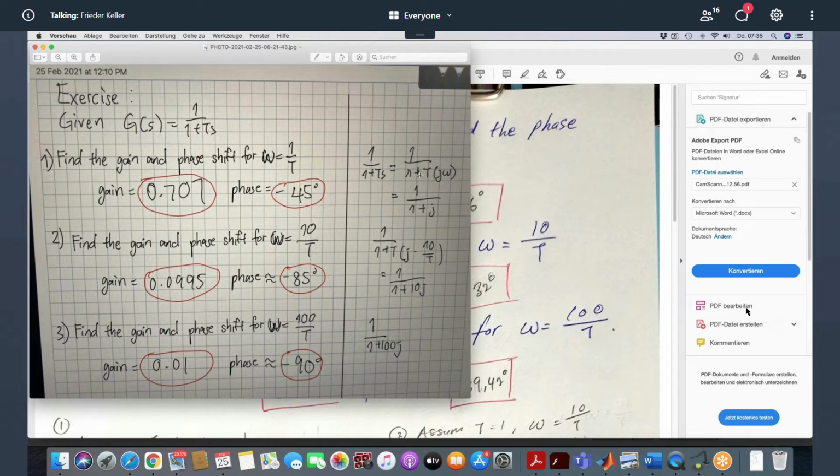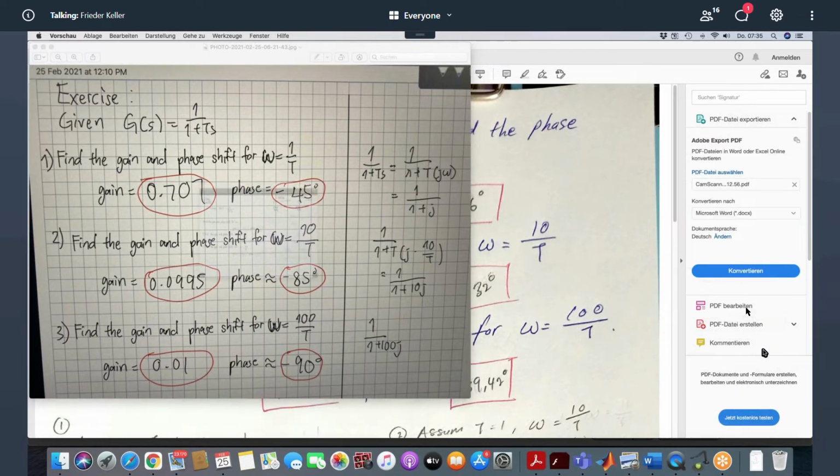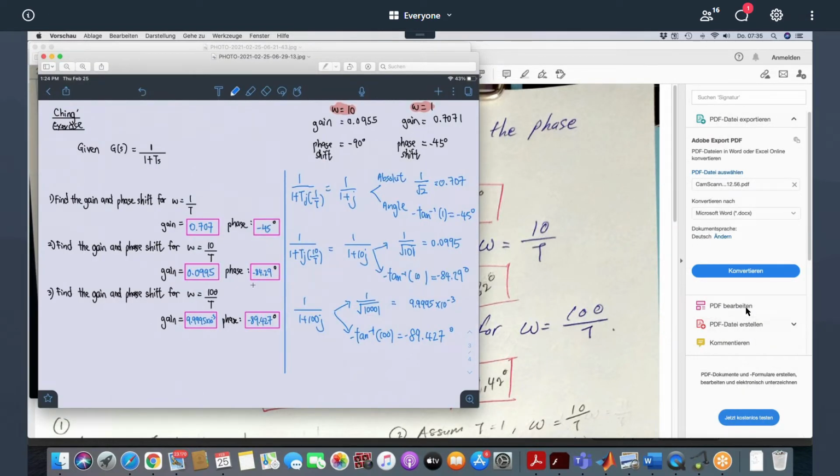Well, no further explanation how to come to that, but I guess it's okay, in principle, no? And now we take the next one. This is this. So I guess here the phase minus 84 is done nicely. Seems to be good.